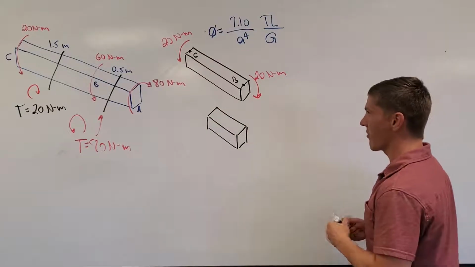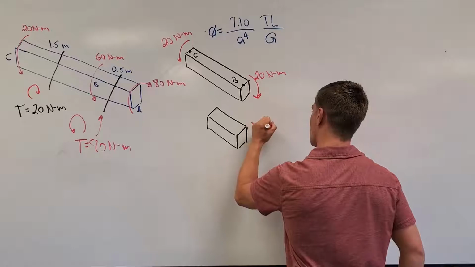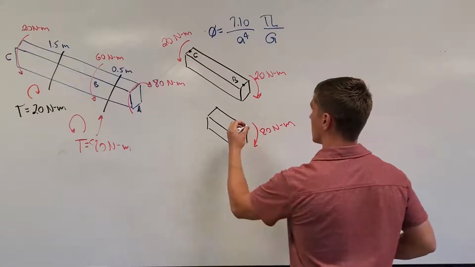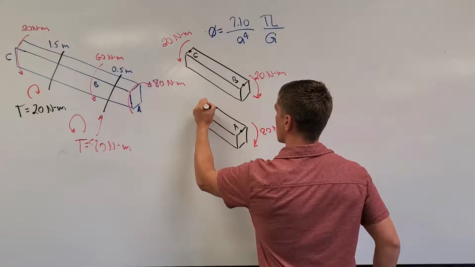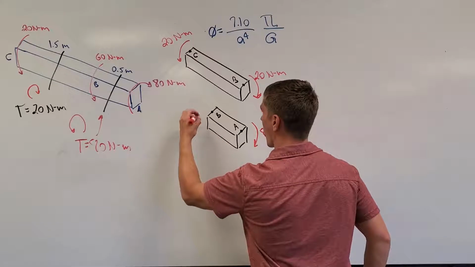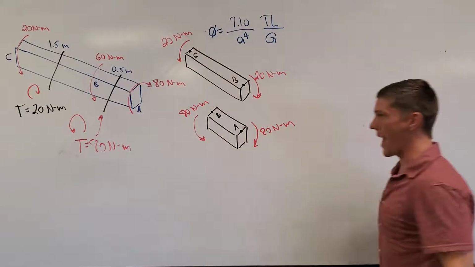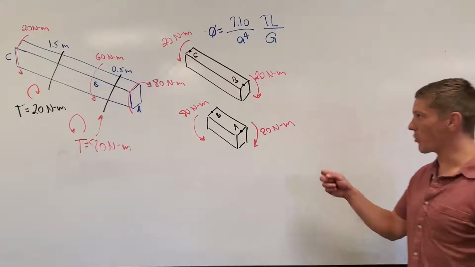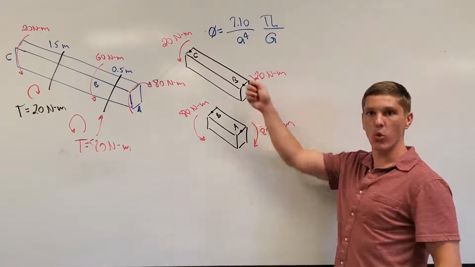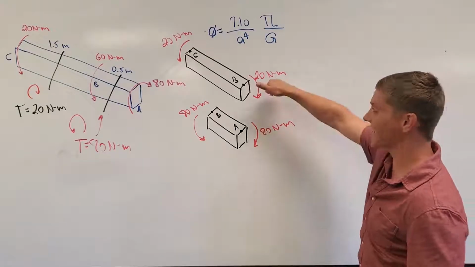And now we have our applied 80 Newton meter torque here at point A. Then for equilibrium at B, we must have 80 Newton meter torque going in the opposite direction at point B. So once again, if I am looking from A towards B, which is the same direction as from B towards C, my free end at A is going to rotate clockwise. It's going to rotate in the same direction.